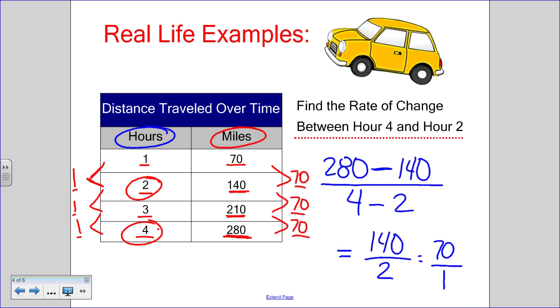This means that as our car is traveling, it's going 70 miles for every 1 hour. Or you could say that it's like a speedometer going 70 miles per hour. That would be a rate of change.